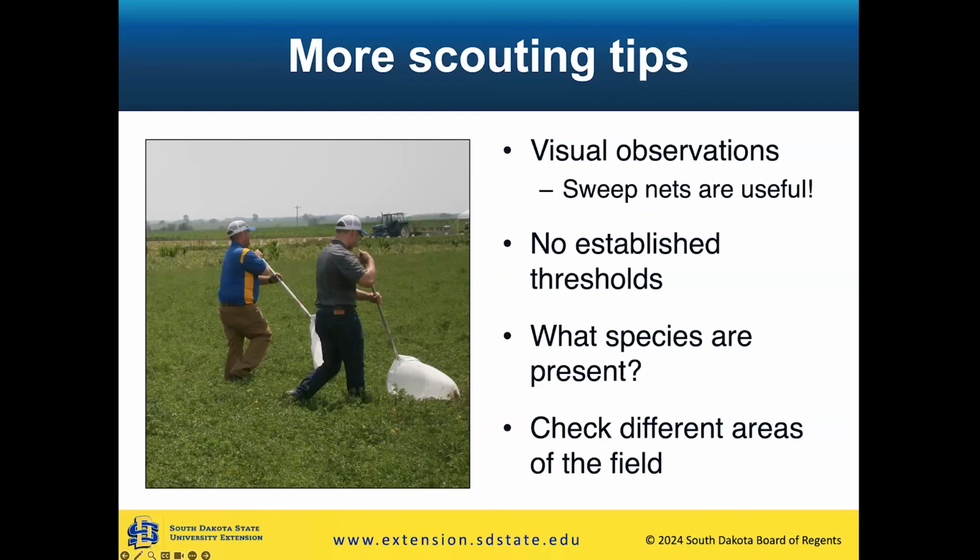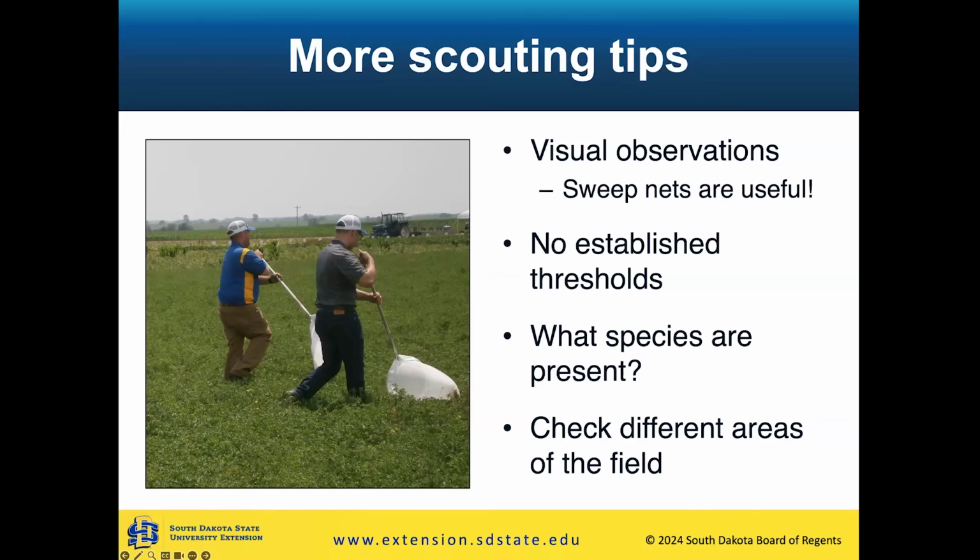So again, do the visual observations, and use a sweep net. There are no established thresholds for blister beetles. It's more of a presence or absence thing in terms of how you need to go about managing them, and it's more about determining what species are present.